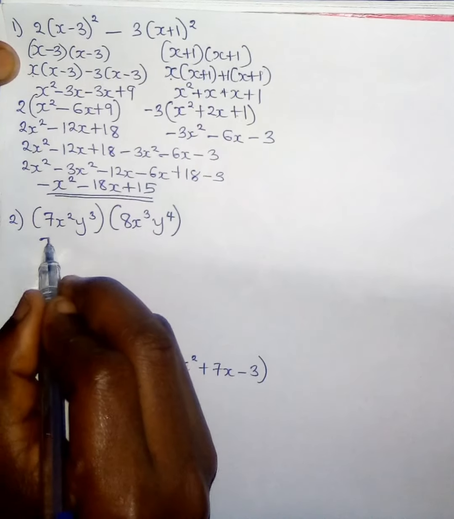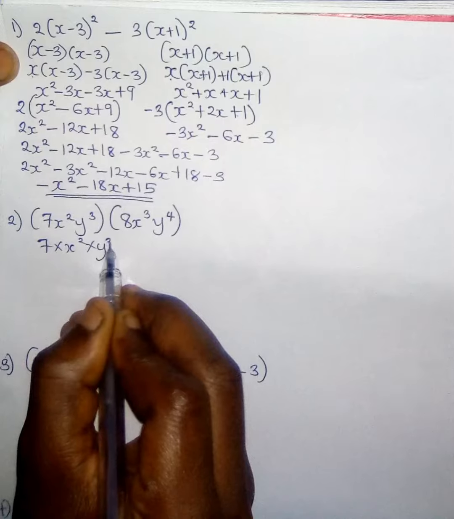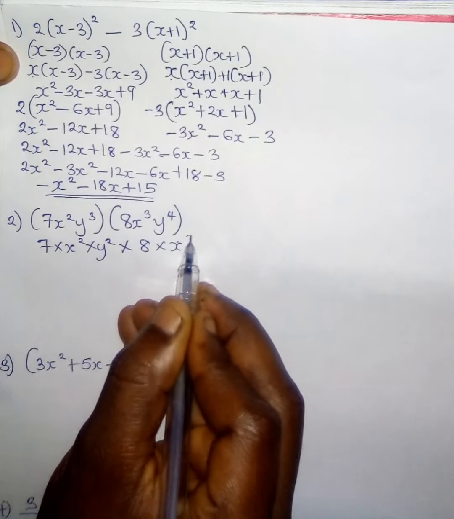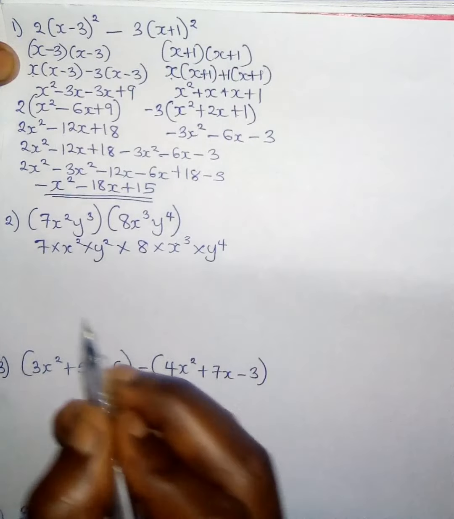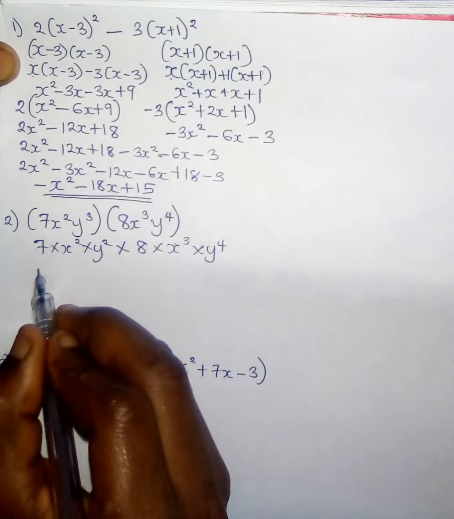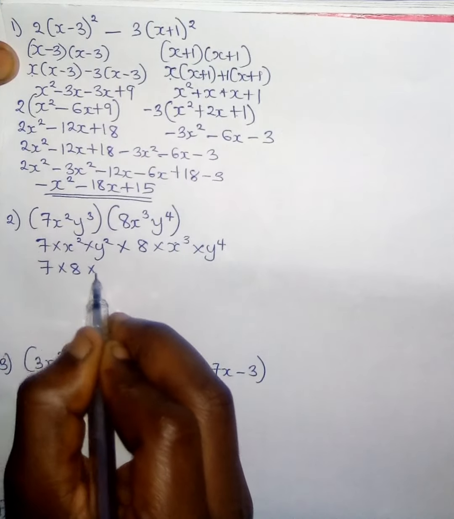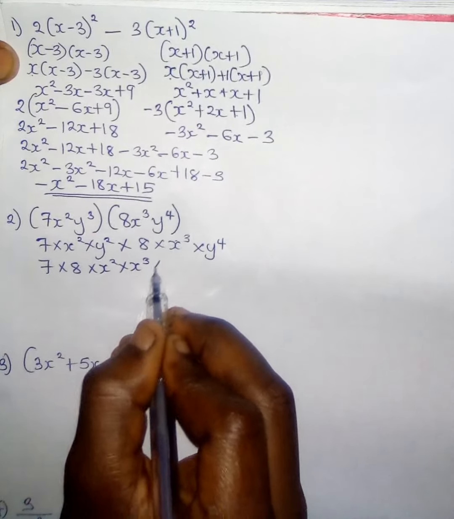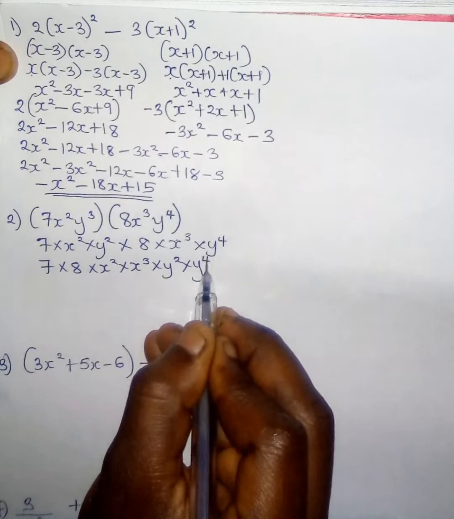This simply means 7 times x squared times y squared times 8 times x raised to the power 3 times y raised to the power 4. So if we bring like terms together, we are going to have 7 times 8 times x squared times x cubed times y squared times y raised to the power 4.